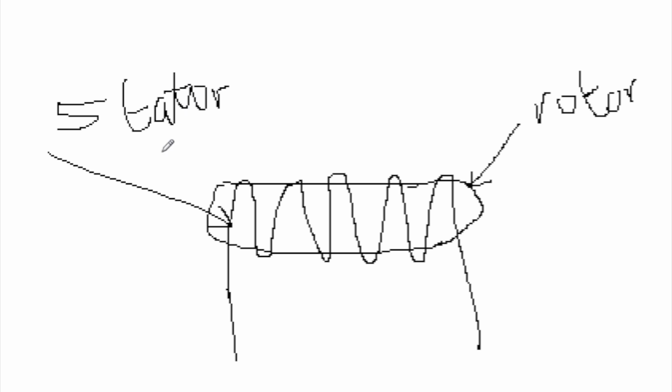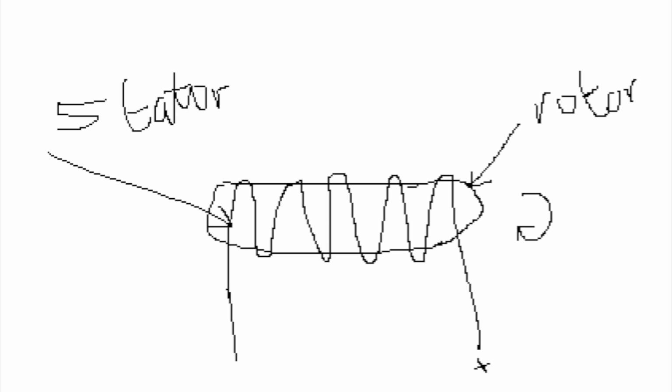So what our scientists discovered several years ago is if you make this rotor start to rotate, with wires wrapped around this stationary part like this, electrical current will start to flow in these wires. They call that electromagnetic induction.